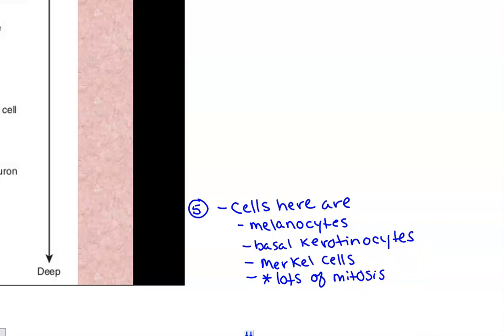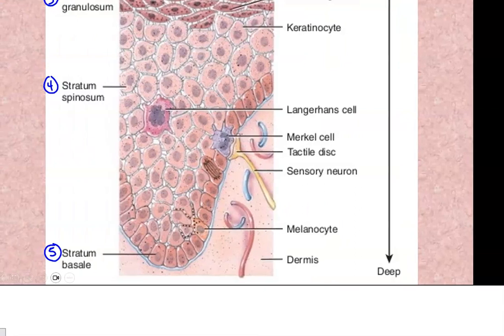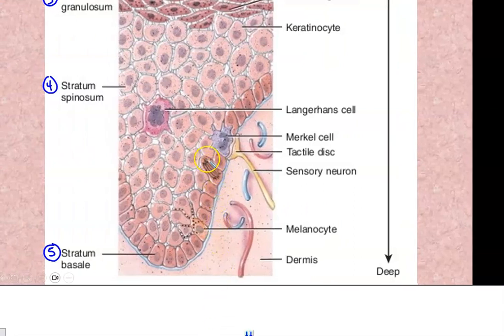I'm going to pull back over onto the picture and let you see. This is some mitosis going on. Here's a melanocyte. They're the ones that look kind of blobby. They're making the melanin. Everything else is keratinocytes. Keratinocytes make keratin, and they actually make more keratin as they push their way up.